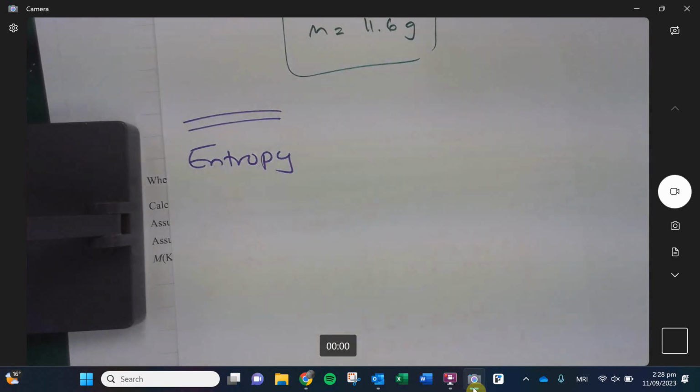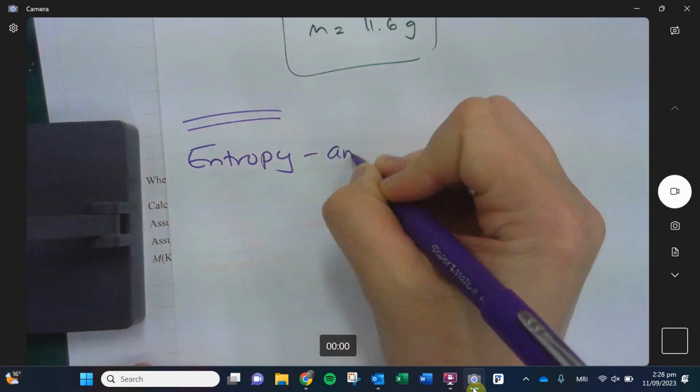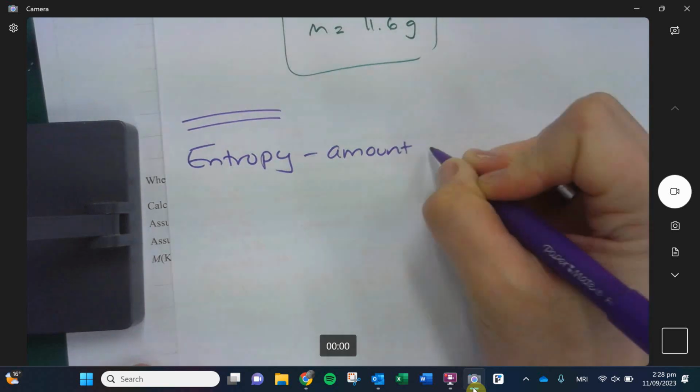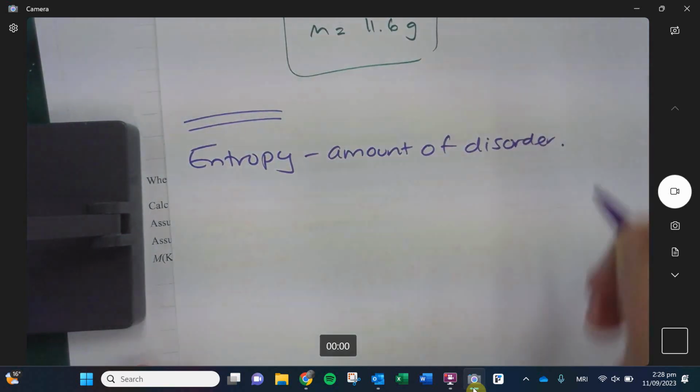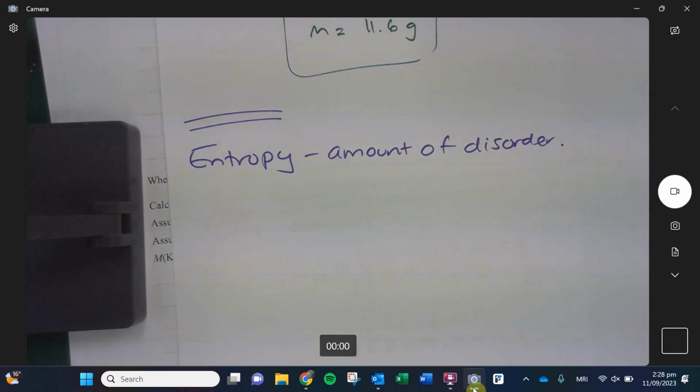Entropy. Entropy is referring to the amount of disorder. The state of entropy in our universe and what it's aiming to go to is a state of more disorder, so a state with more entropy.